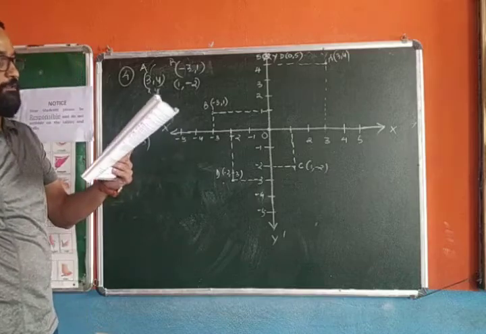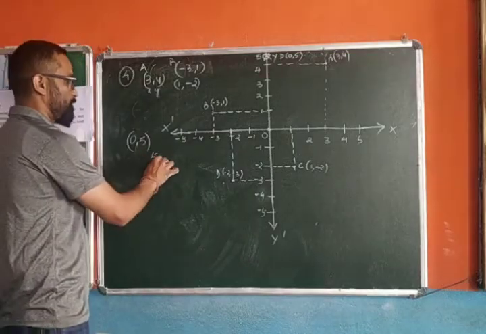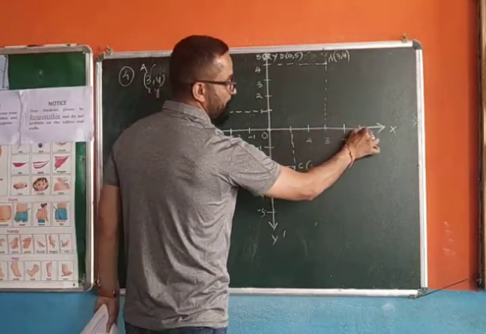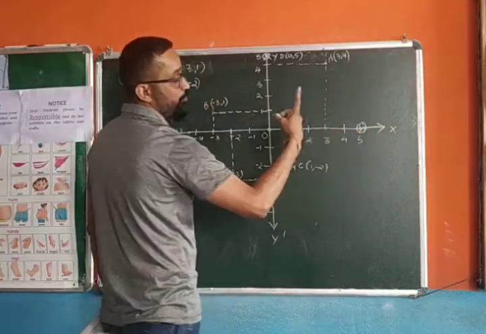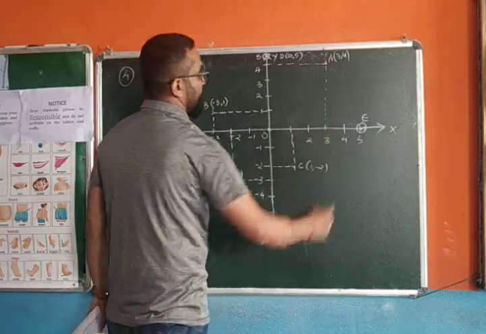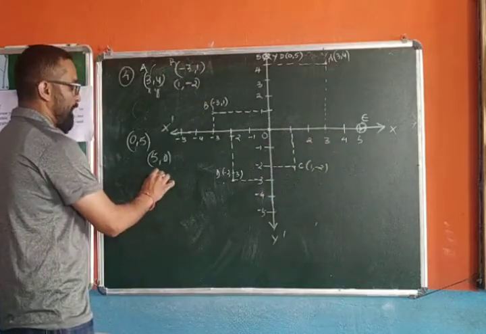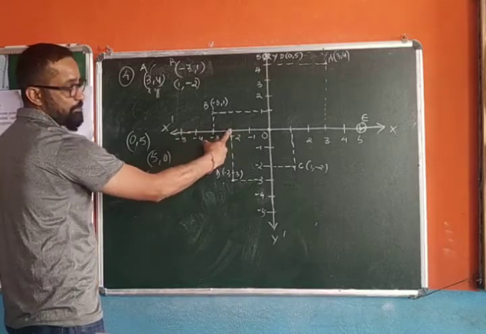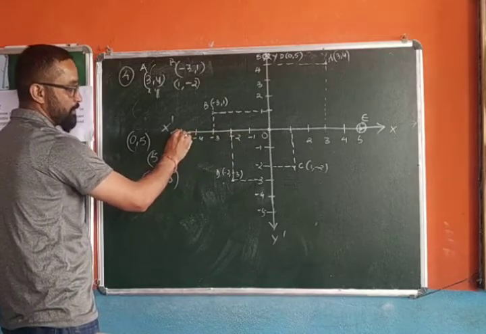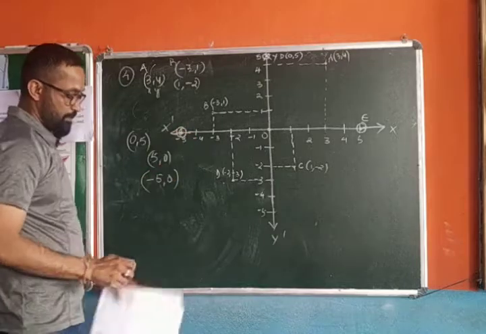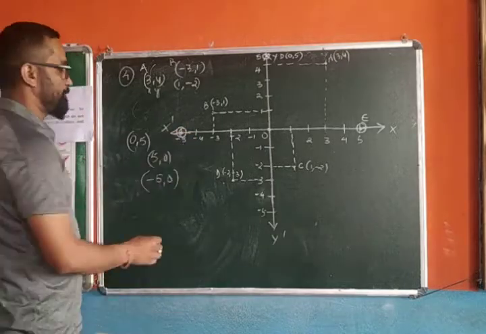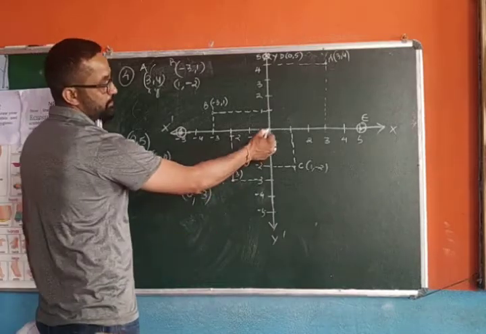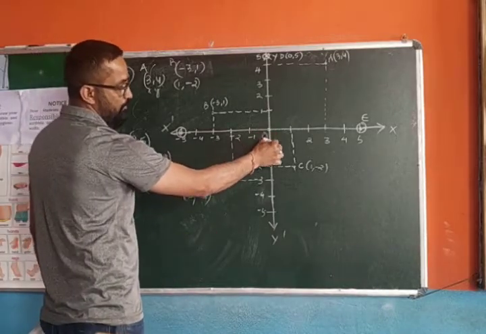Similarly, you have 5, 0. X is 1, 2, 3, 4, 5. 0 means it lies on the x-axis. Similarly, suppose you have -5, 0. X is -5: -1, -2, -3, -4, -5, 0. Suppose you get 0, -3. X is 0, Y is -3.